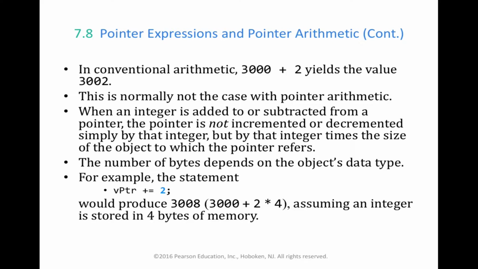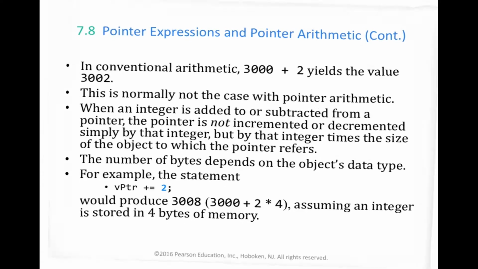For example, if we were to do vptr += 2, that would actually produce 3008, because 3000 plus 2 times 4, because remember, integers are 4 bytes on this system. So we actually move 2 integers. Adding 2 to 3000 means to move 2 integers, not move 2 bytes. So that's important to remember.